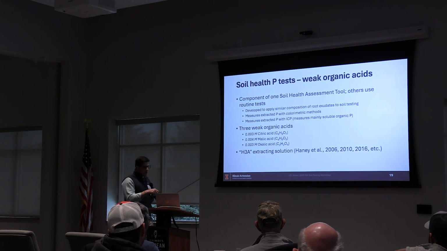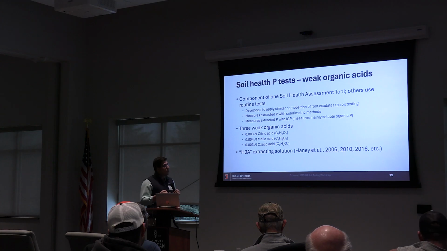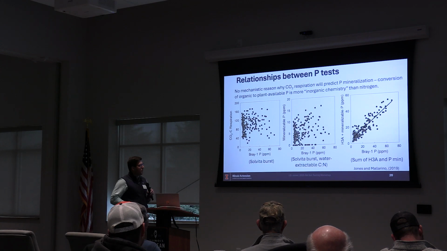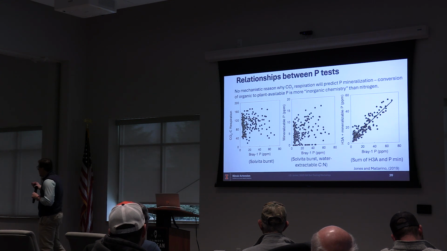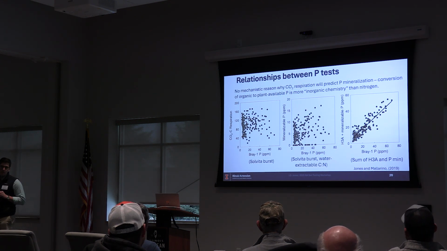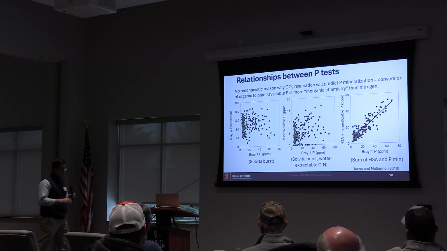The soil health tests, though, I think are important to consider because they have become a little more prevalent when wanting to make a fertilizer recommendation, so to speak. The challenge is that a lot of the tests that try to estimate mineralization, specifically with phosphorus, again, I said we'll focus on P and K mostly, have shown a pretty poor relationship. That's really because the mineralization of organic phosphorus is very different compared to nitrogen.